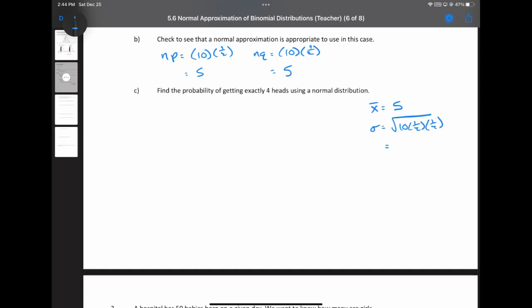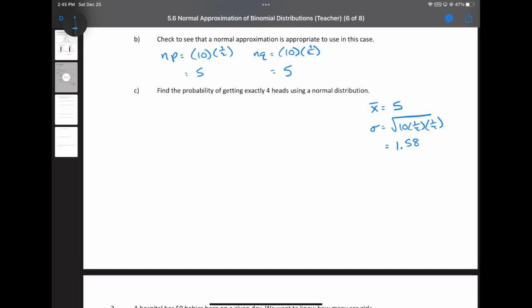So 10 times a half times a half is the square root of 2.5, which is 1.58. Now, unfortunately, we're doing an approximation of an approximation since we're rounding that off to 2 decimal places, but that's okay. I'm going to show you that even with a little bit of extra rounding and a weakest possible criteria being met, we should still get a pretty decent answer.